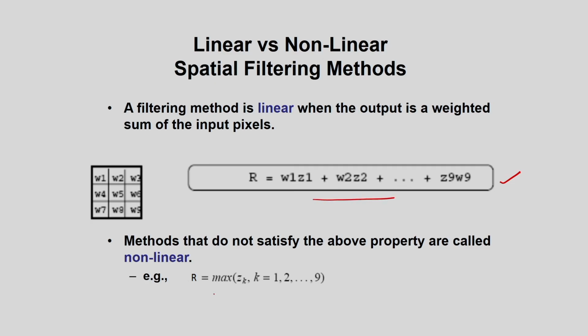But if I consider this operation, suppose the max operation, I am considering 9 pixels because k is equal to 1 to 9, and out of 9 pixels I am determining the maximum valued pixel. Then this is not linear filtering, this is an example of non-linear filtering, because I am just determining the maximum value out of 9 pixels.